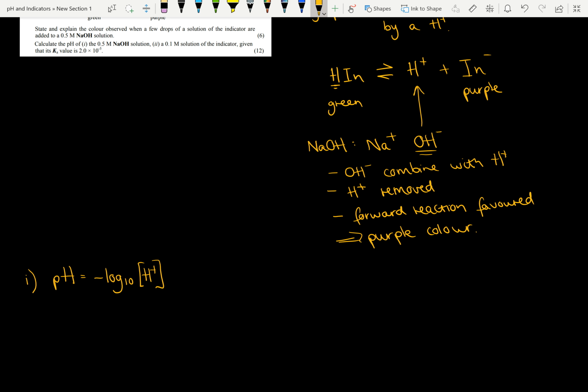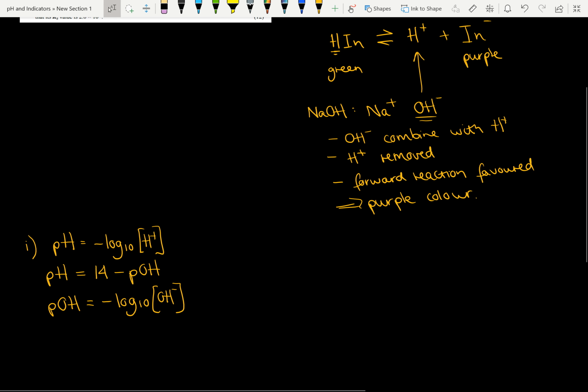Now, the sodium hydroxide is a base, so we are going to have to use a couple of other equations, where we know that the pH is also equal to 14 minus the pOH. And we calculate the pOH in the same way that we calculate the pH. So it's minus log to the base 10 of the OH- ion concentration.